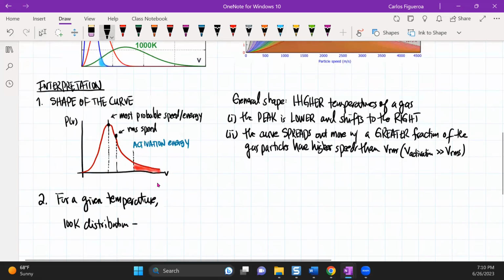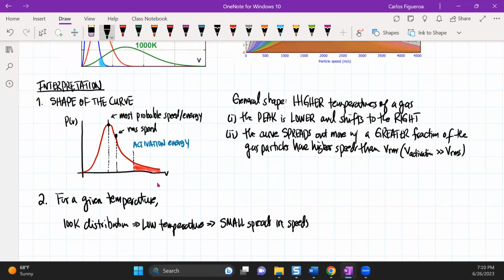So then it says here, this is considered a low temperature. 100K is, even liquid nitrogen is higher in temperature. So this is a really low temperature. And what you'll find here is that there's a small spread in speeds.